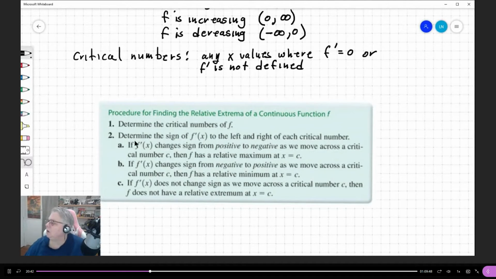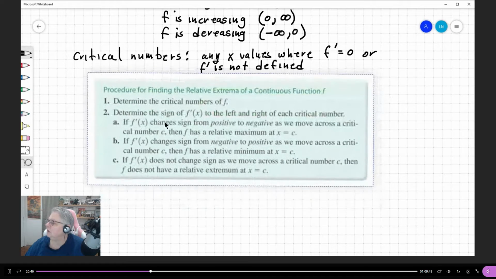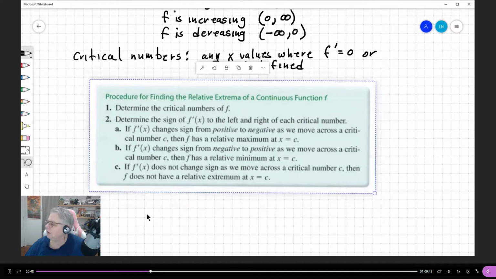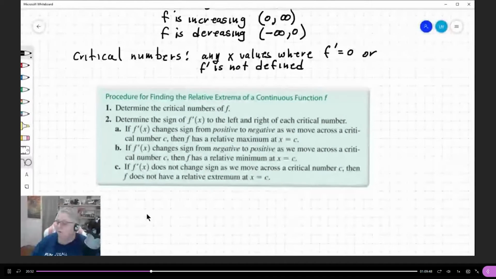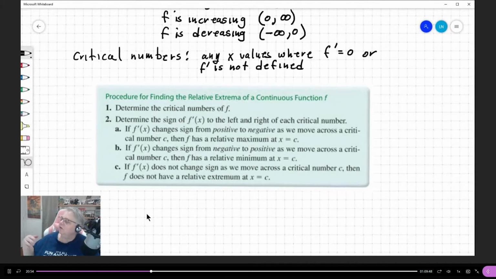So when you are trying to determine where a function is increasing or decreasing, first determine all the critical numbers for the function. Determine the sign of f prime, do a sign line. Determine the sign of f prime to the left and to the right of each critical number.